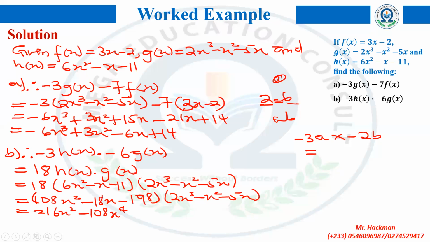Yes, please. So the other one will be 108 times 5, and that will give us, is it 540? Yes, please. But it's minus 5, so it will be minus 540, then your x will be cubed. So you come to the second term, then multiply. So let's finish with that one.